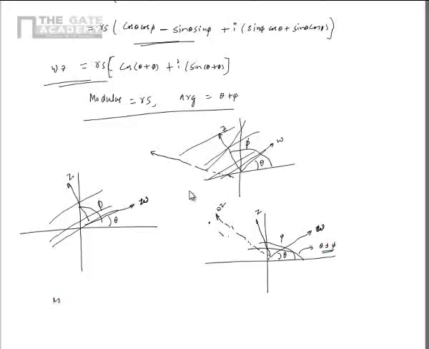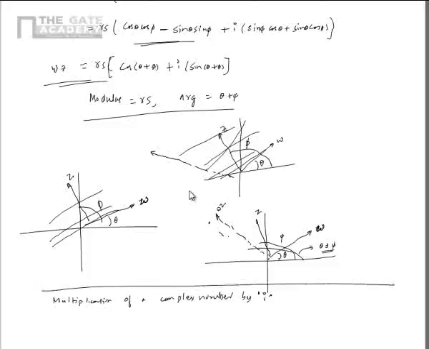Okay, and now multiplication of a complex number by i. Let's represent what happens when we multiply a complex number by i. The product of z and i, two complex numbers: in order to find the product's modulus, the modulus of i is 1, so the modulus is the modulus of z.